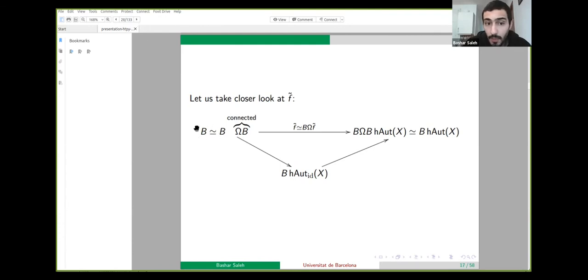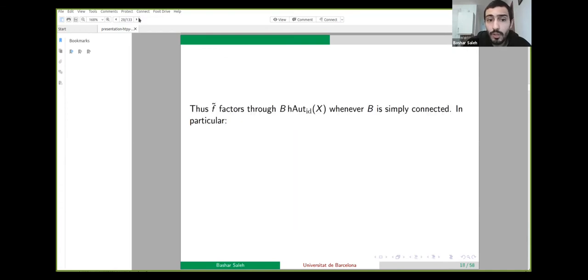Then we get back our space B up to homotopy, and we get the classifying space of the homotopy automorphisms of X. But it factors through the classifying space of the identity component of the homotopy automorphisms of X. So we conclude that f factors through this whenever B is simply connected.